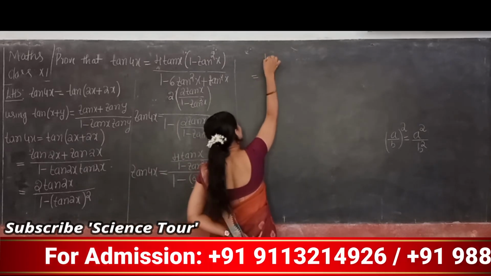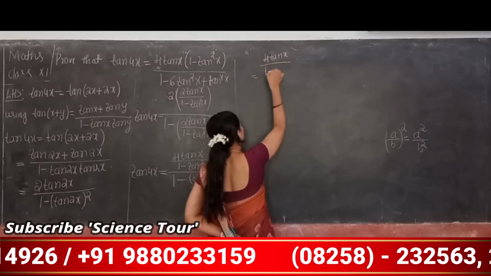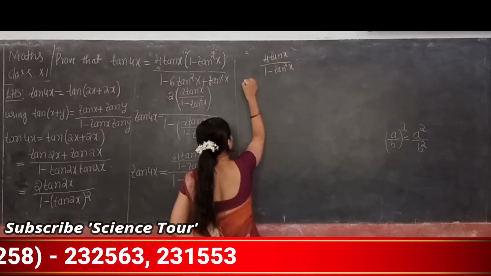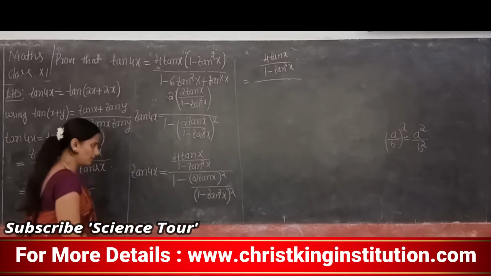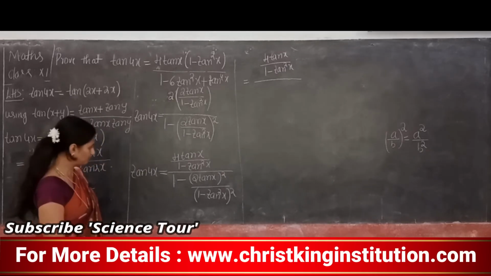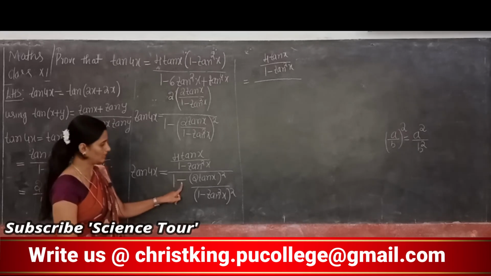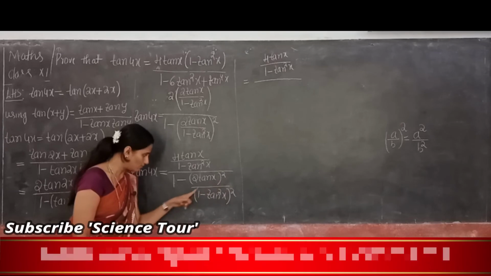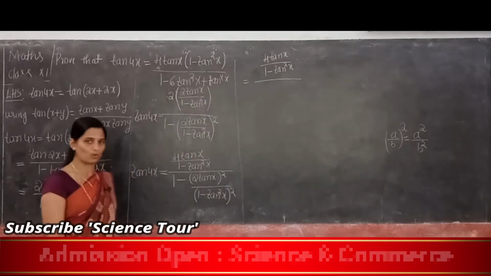Numerator as it is, 4 tan x divided by 1 minus tan square x, whole divided by, now see here, it is 1 minus (2 tan x) whole square divided by (1 minus tan square x) whole square.